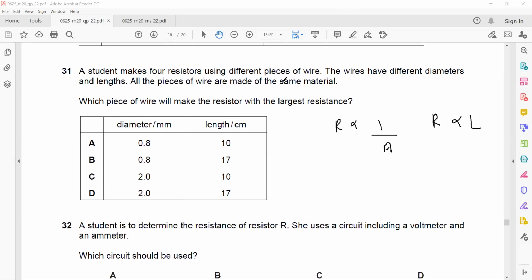So which combination will give the largest resistance? B is the right answer, because when you decrease the diameter you decrease the area, so resistance increases. If you use a longer wire, the resistance will also increase.